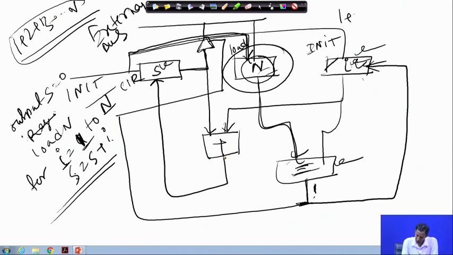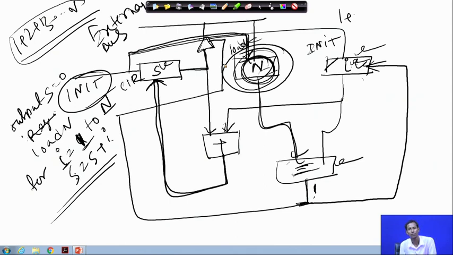In each clock it changes its value from the older sum value to the newer sum value. But n is not doing that. Only at the start of this init signal it is loaded from the external bus, and then the value of n is sitting idle, not changing at all in each of these clock cycles.